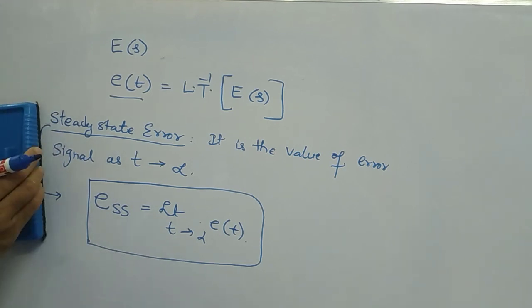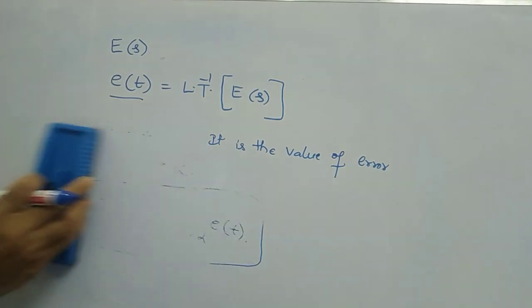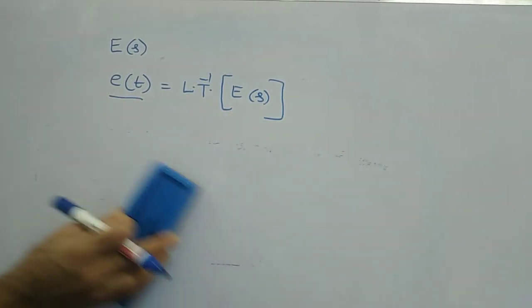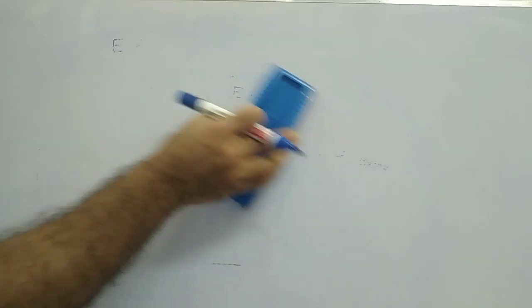Now there are some error constants. Normally there are three types of important error constants. These constants can be seen by applying various standard input signals to the control system.